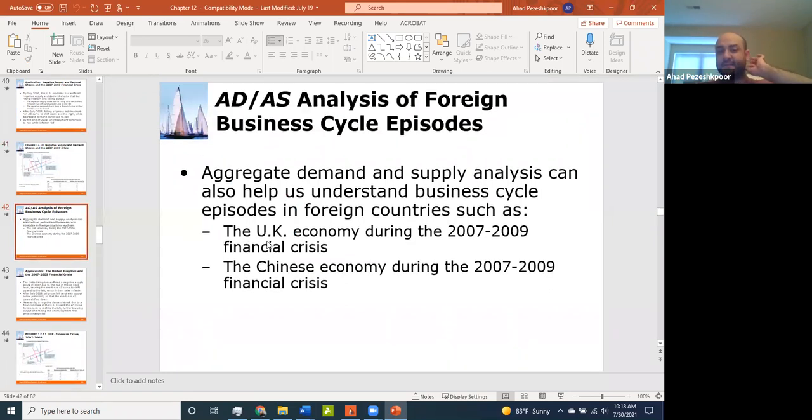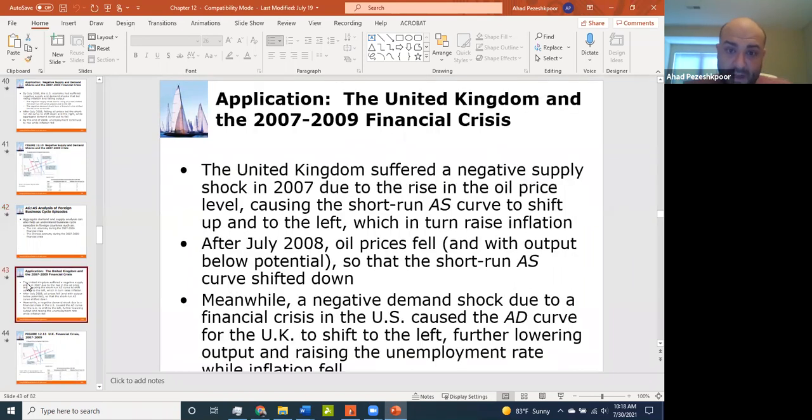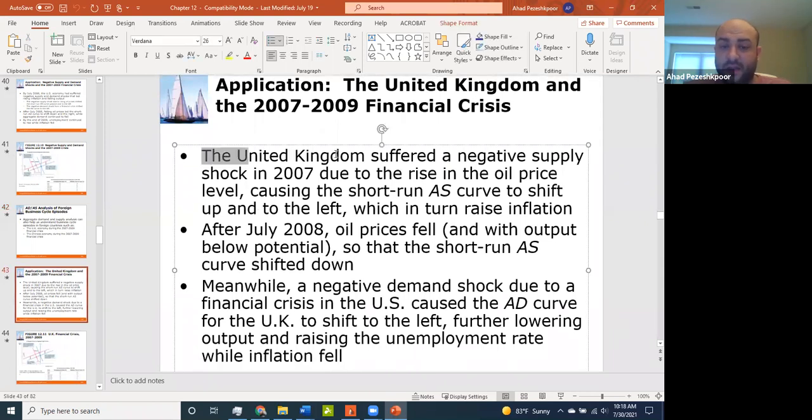Now, aggregate demand and supply analysis can help us understand business cycle episodes in foreign countries such as the United States, United Kingdom, and China during the Great Recession. Let's look at what happened in the United Kingdom, Great Britain. The United Kingdom suffered a negative supply shock in 2007 due to the rise, again, in the oil price level, causing the short-run aggregate supply curve to shift up or to the left, which in turn raised inflation.